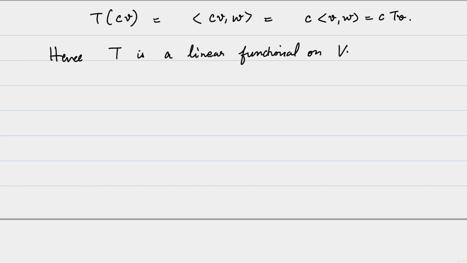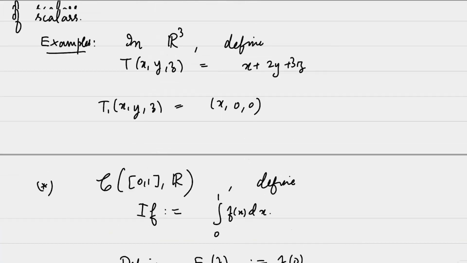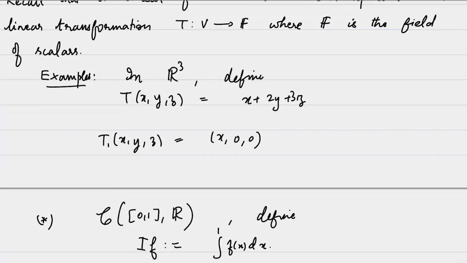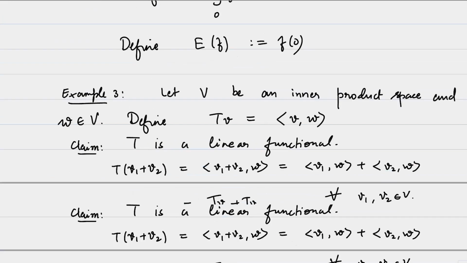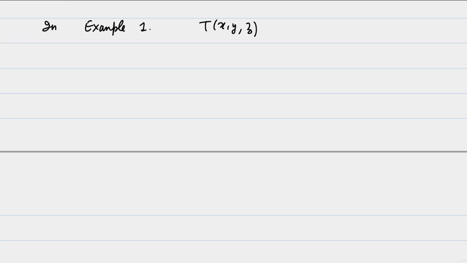If you slowly go back to the examples we were looking at, for example, example 1. In example 1, what was our T? T of x, y, z was x plus 2y plus 3z.